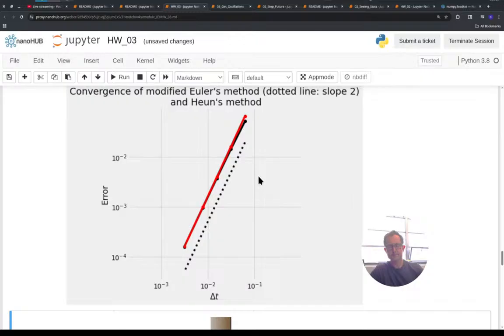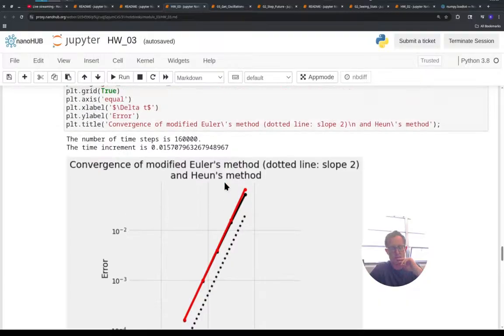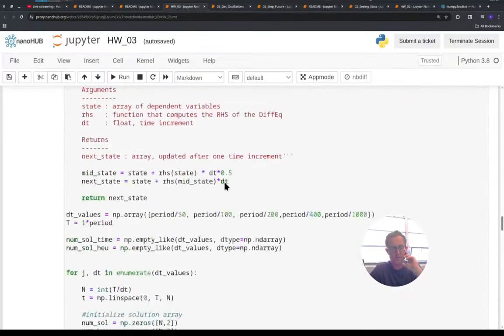There we go. And sure enough, modified Euler's and Hune's method are right on top of each other. They're pretty much the same method, just one has implicit integration, the other one's explicit. And then this dash line is showing a slope of 2.